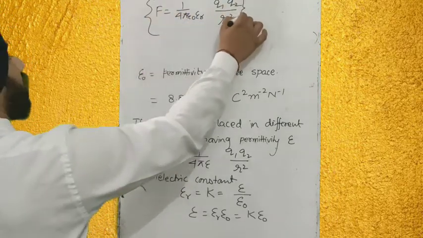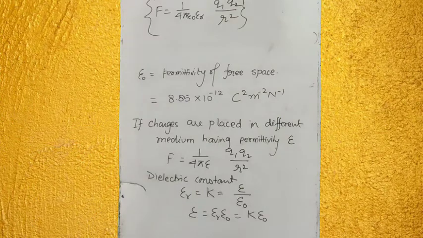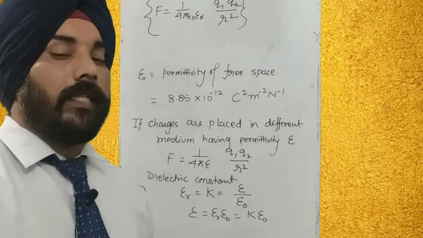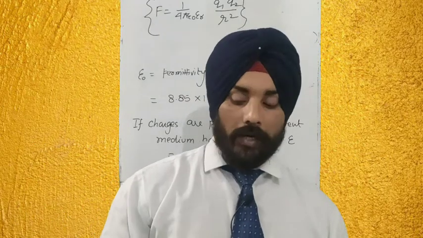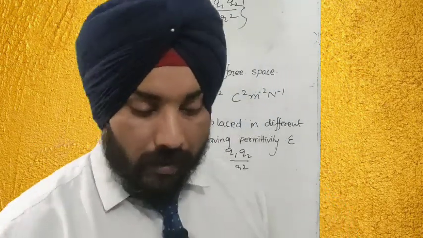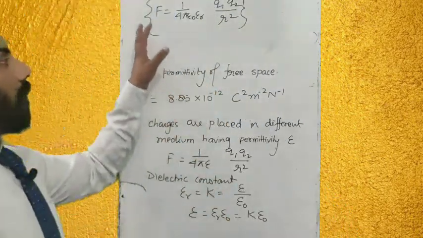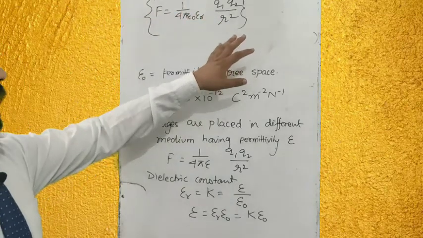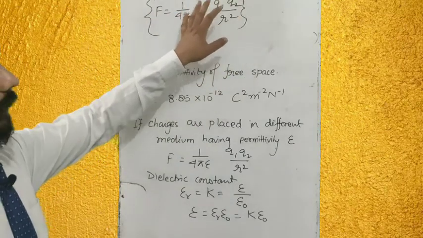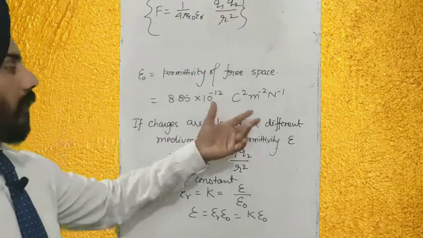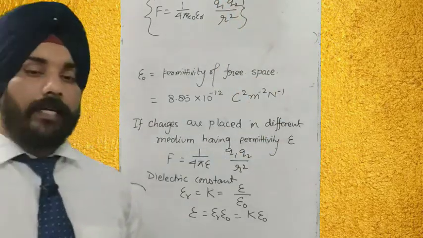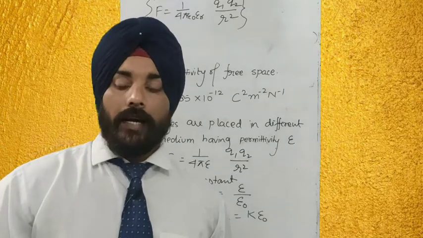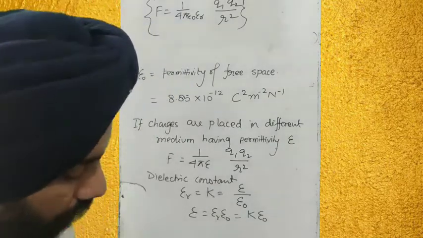So this was the force of interaction between two charged particles according to Coulomb's law. And I told you that it can be repulsive or attractive, depending upon the sign of charges. If they are like charges, then the force will be repulsive. If they are unlike charges, then the force will be attractive.